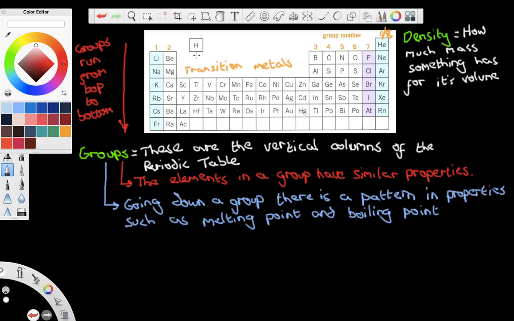So our next key term, and probably our final one, is the word period or periods. Now, periods are the horizontal rows of the periodic table. So we can say the horizontal rows of the periodic table.